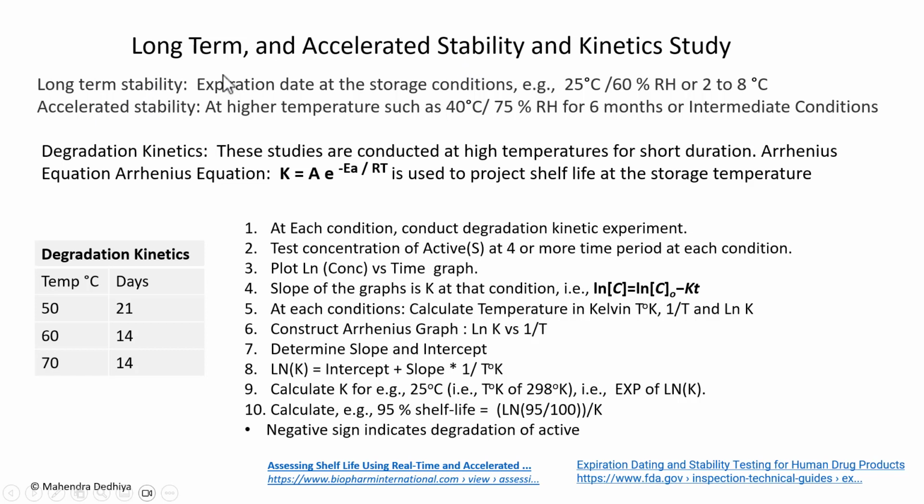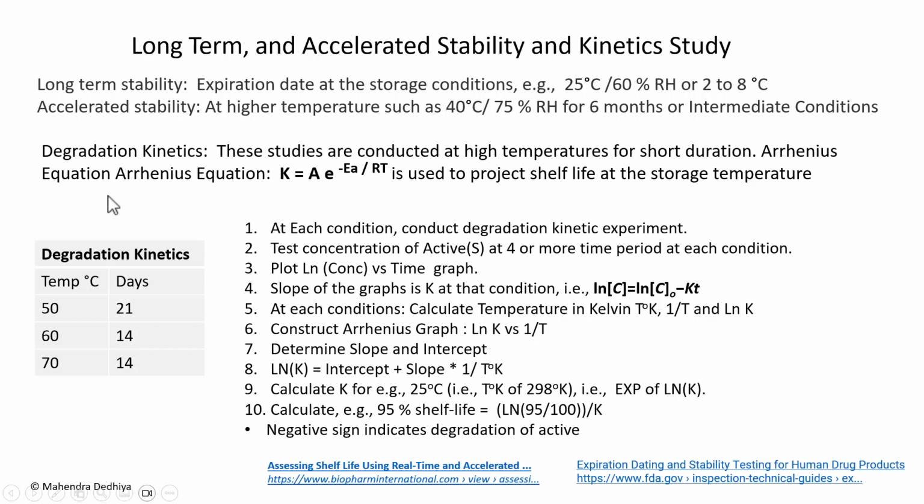Long-term and accelerated conditions. Long-term stability is defined as the expiration date at storage condition, for example, 25 degrees at 60% RH, what's called room temperature, or in refrigerated conditions such as 2 to 8 degrees. Accelerated stability is at a higher temperature such as 40 degrees, 75% humidity for 6 months. Degradation kinetics are conducted at high temperature and very short duration.